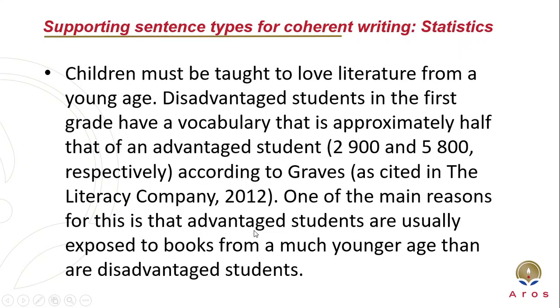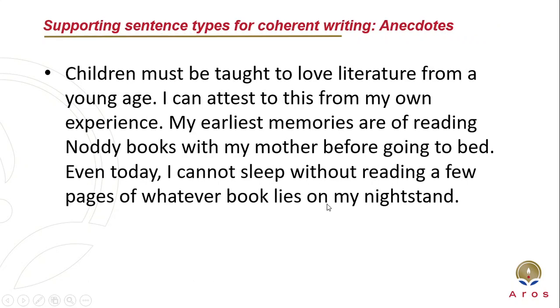One of the main reasons for this is that advantaged students are usually exposed to books from a much younger age than are disadvantaged students. So your statistics lies in the numbers, in the comparison they show here. And then there is a bit of a summary sentence here as well, because they speak of the two types of students again, and then they say what the main reason behind this is.